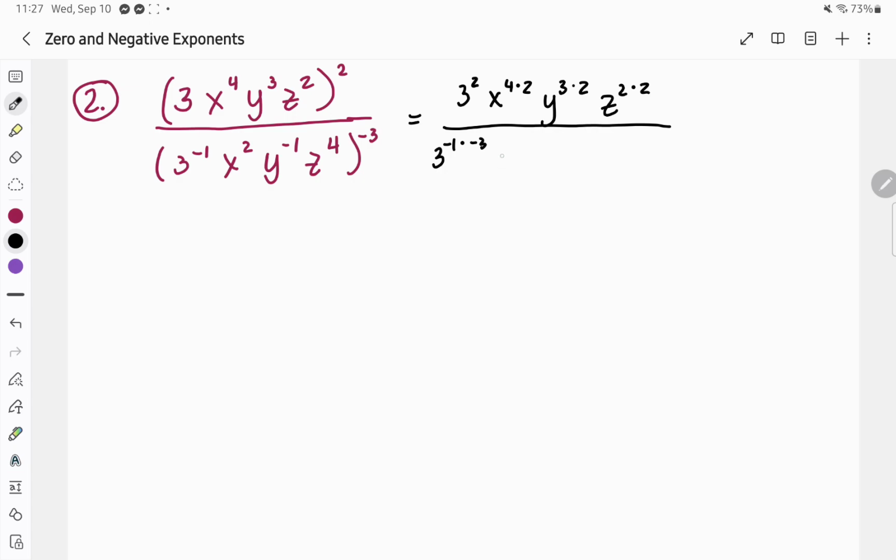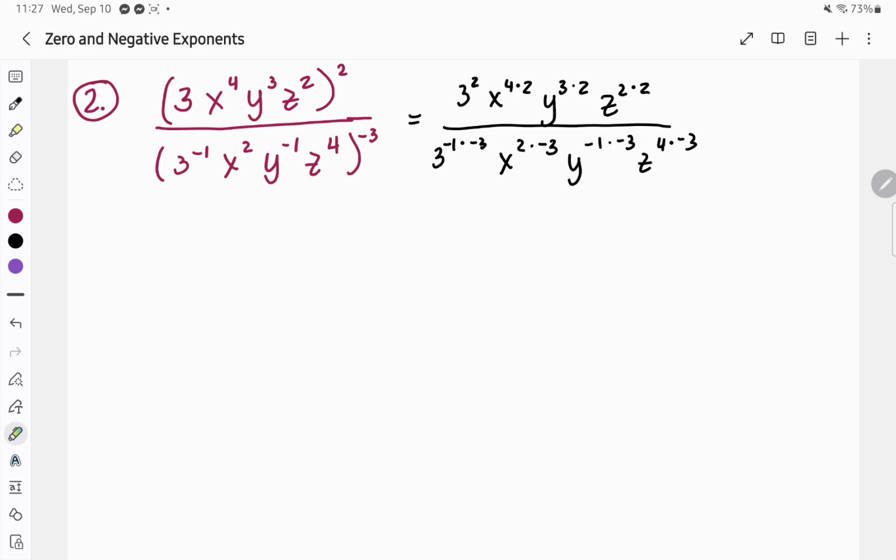Then, that will be x raised to 2 times negative 3. Then, y raised to negative 1 times negative 3. z raised to 4 times negative 3. So, mapapansin mo, ito, saka ito.